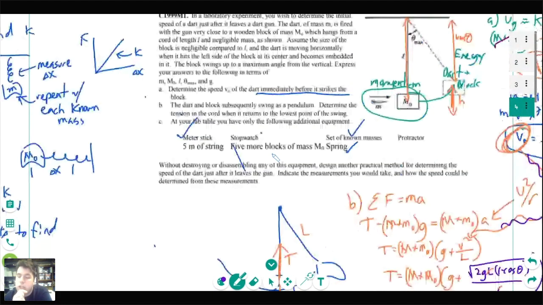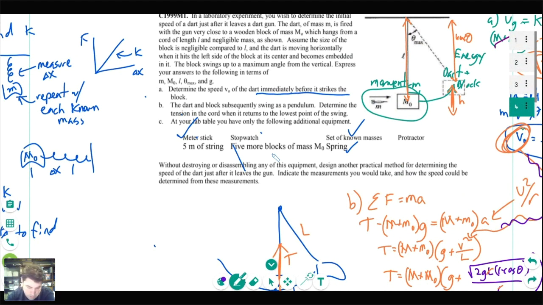Given a stopwatch, we could just shoot the block, figure out its speed. No, because we don't have anything defined, mass or stuff like that. We're not going to reproduce a pendulum because that was what was already done with the string and stuff like that.